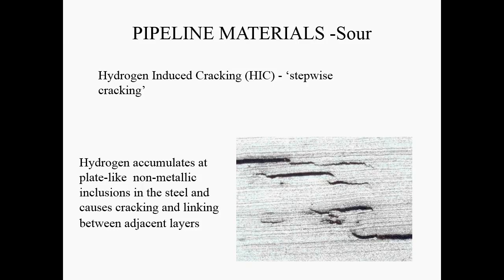And these little cracks that join them up. Similarly, you could get cracks that run in a chevron arrangement, depending on where the residual stresses are. But in this particular case, we can see ones that line up in the rolling direction.